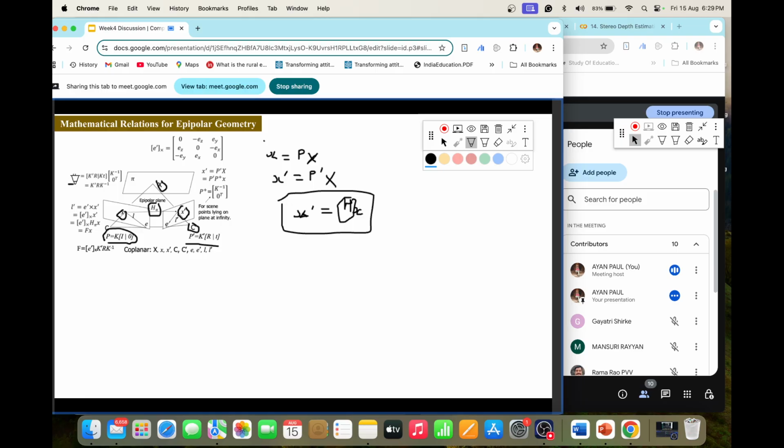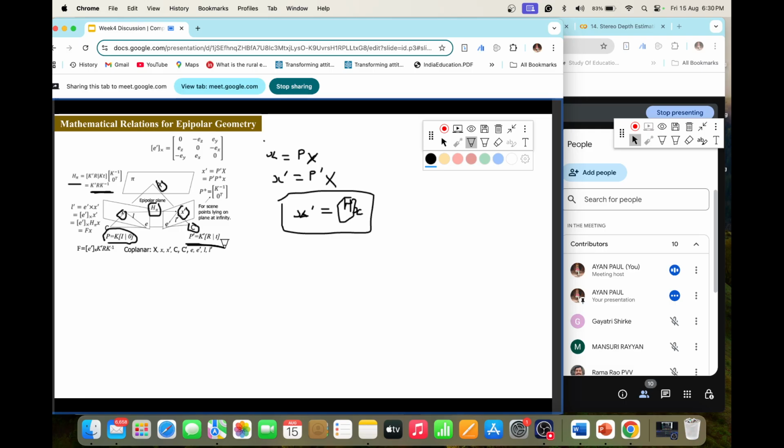So what is this H pi? H pi is denoted by K dash R K inverse. Now what is the projective matrix for the left camera? The projective matrix for the left camera is P equals K I 0, where K is the intrinsic camera matrix, I is the identity matrix and 0. That is how we are expressing the left camera projective matrix.